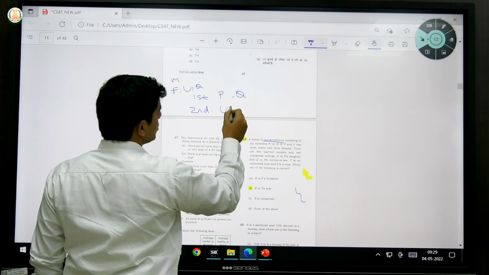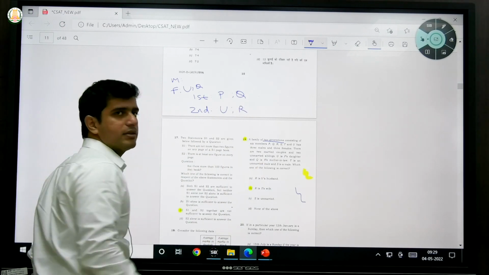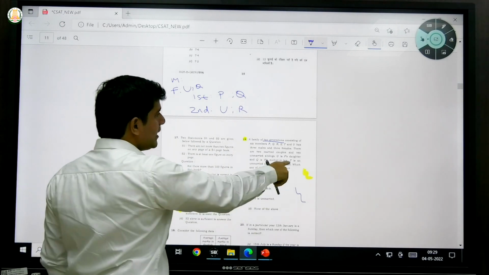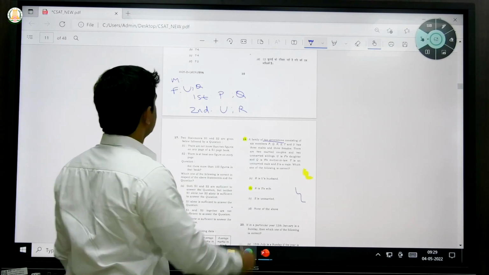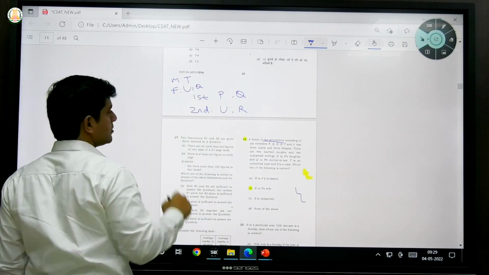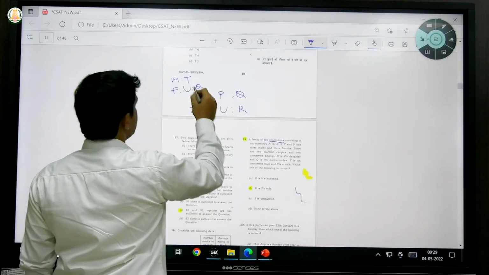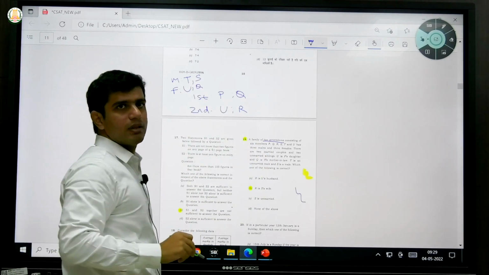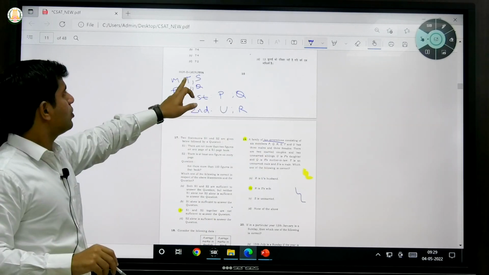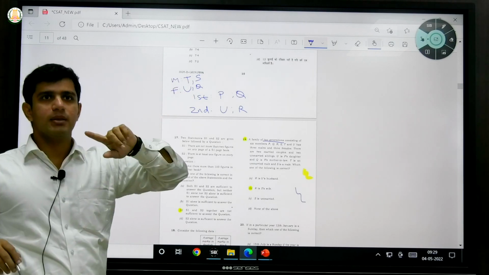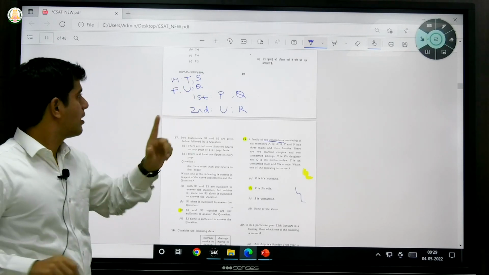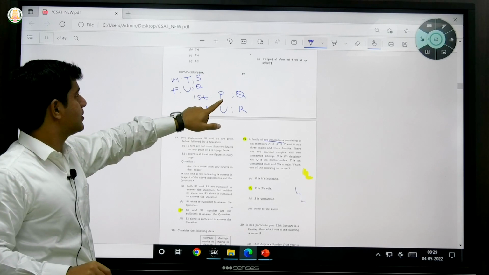And R's mother-in-law, so R will belong to the second generation. T is an unmarried male, so T is a male, and S is a male, it says. And now you know T should have another sibling who is a female, but we don't know who that is.